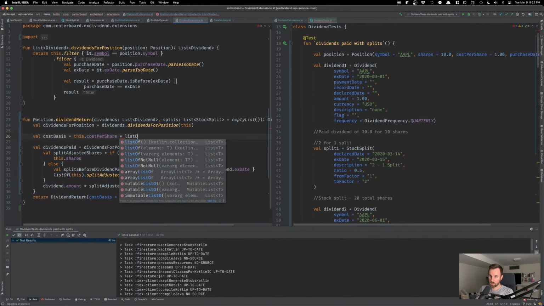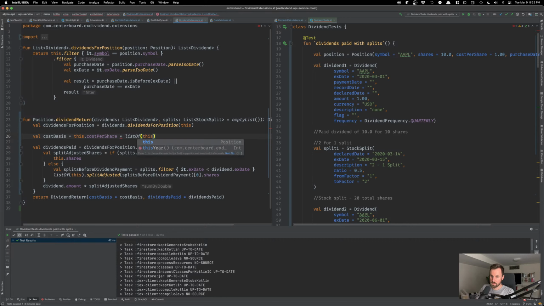So this is split adjusted. Is that right? No.